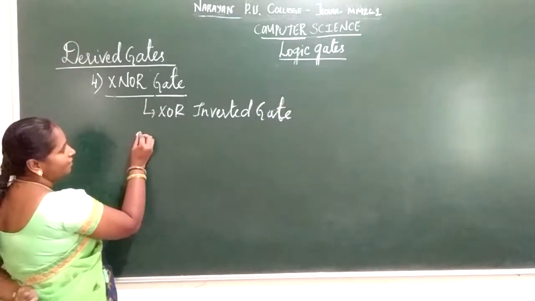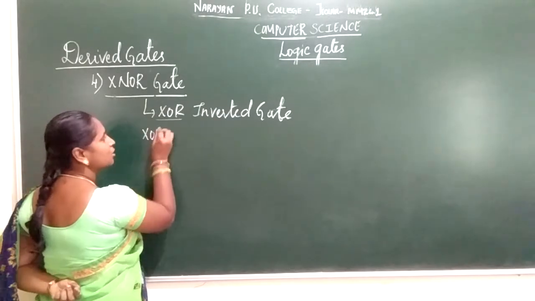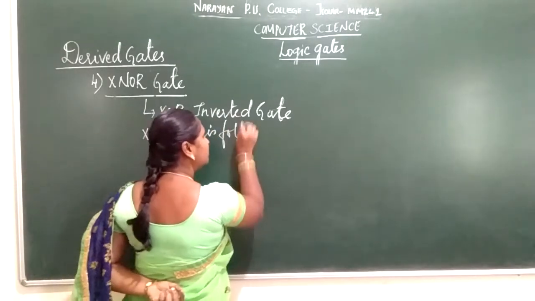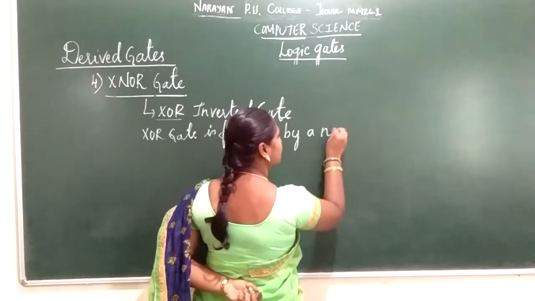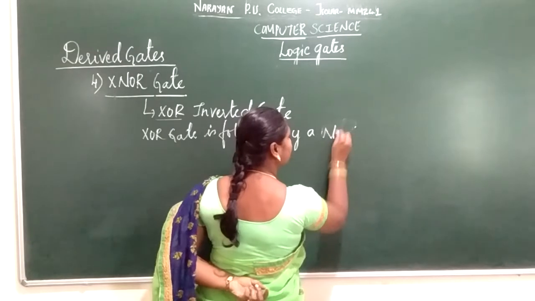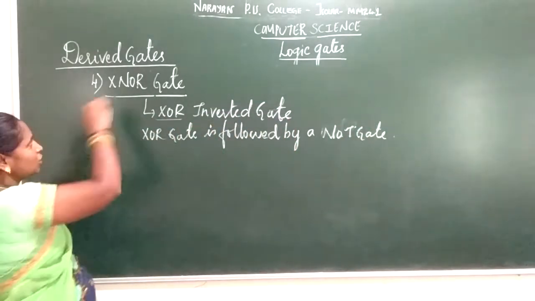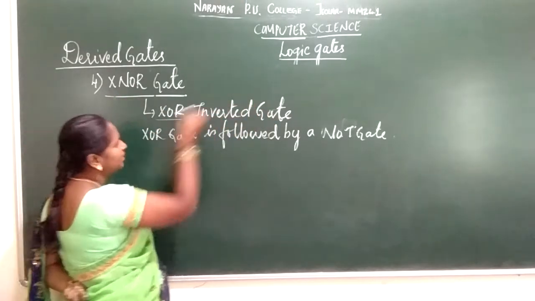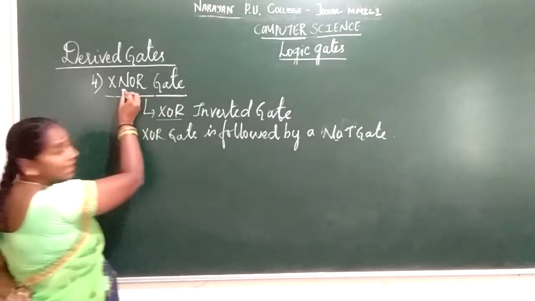That means an XOR gate is followed by a NOT gate. So the XNOR gate is also called the XOR inverted gate. This means an XOR gate followed by a NOT gate is what we call the XNOR gate.